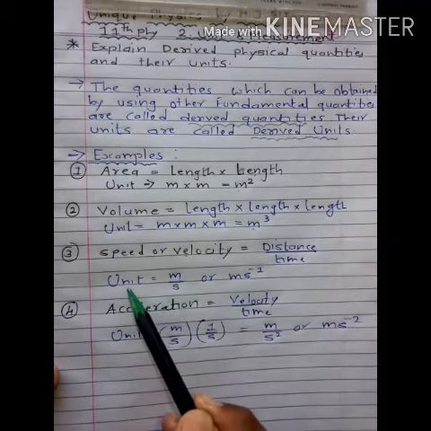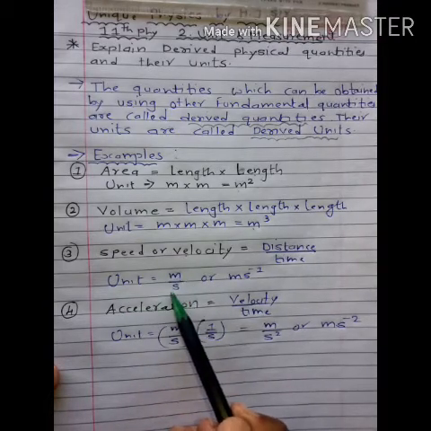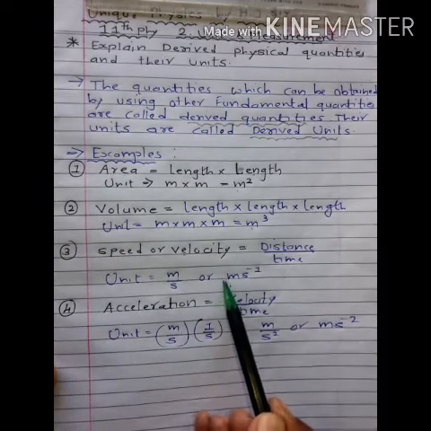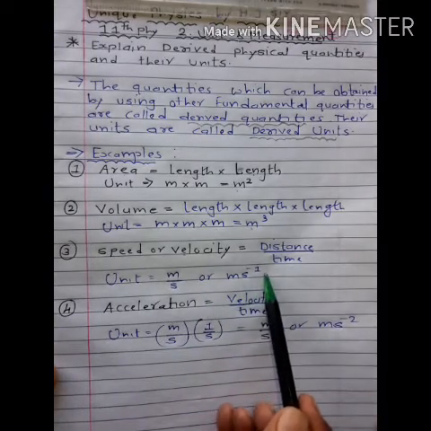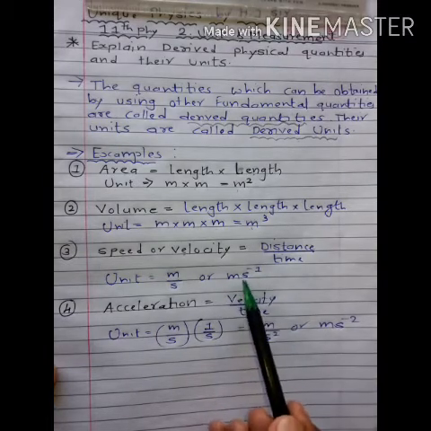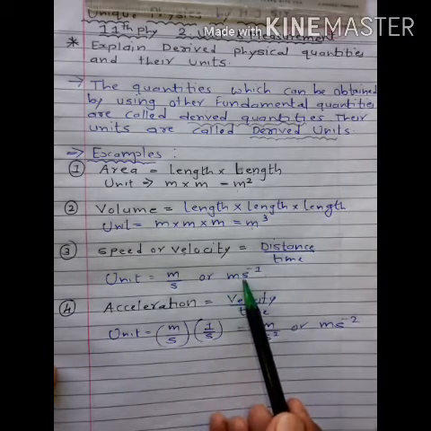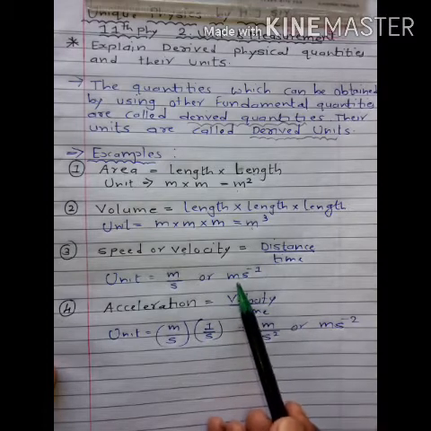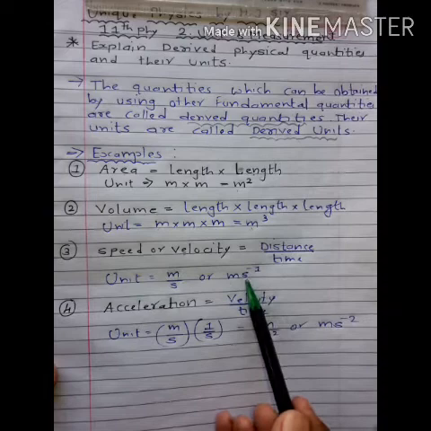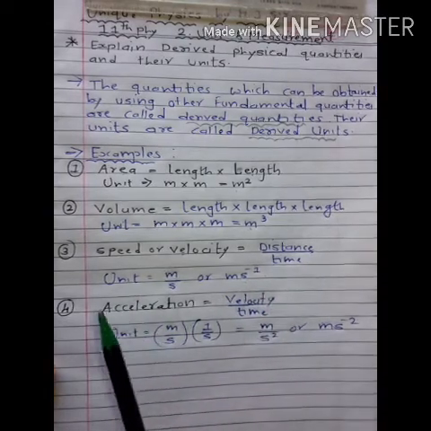So the unit of speed or velocity is meter per second. It is also written as meter second raised to minus 1, m s raised to minus 1. Here we use only the short forms m and s, but remember their full names. m means meter, s means second raised to minus 1.